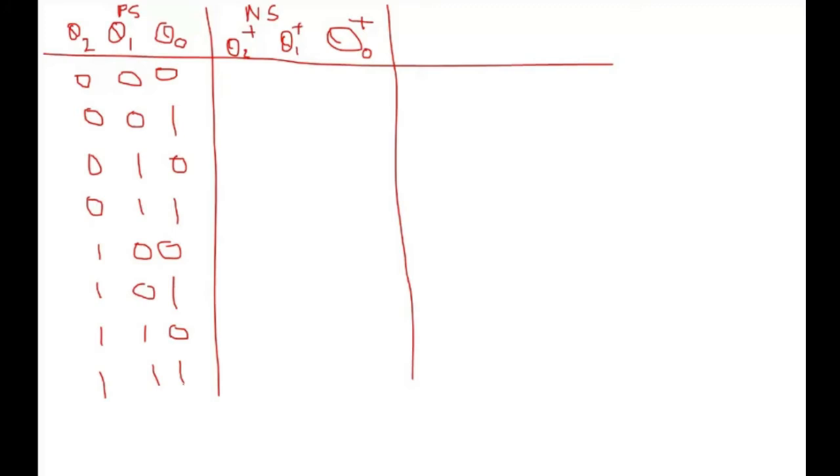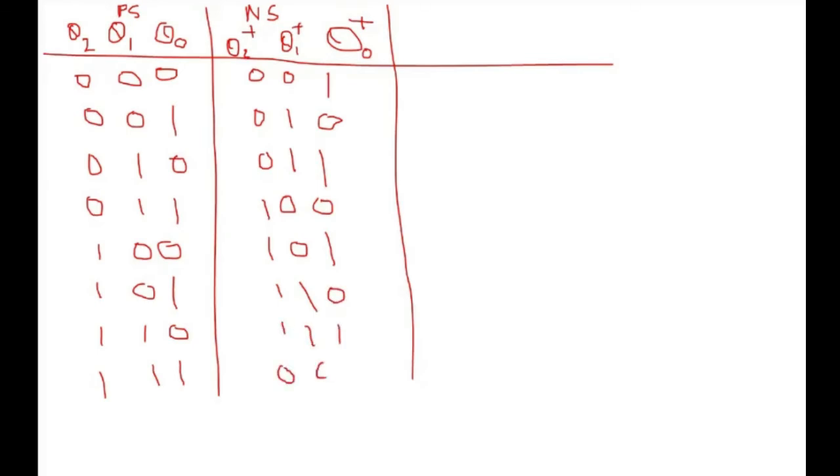Since we are talking about the synchronous up counter, when we are in the 0 state, it will be going to 1: 0 to 1, 1 to 2, 2 to 3, 3 to 4, 4 to 5, 5 to 6, 6 to 7, and from 7 back to 0. This will be my state transition table.